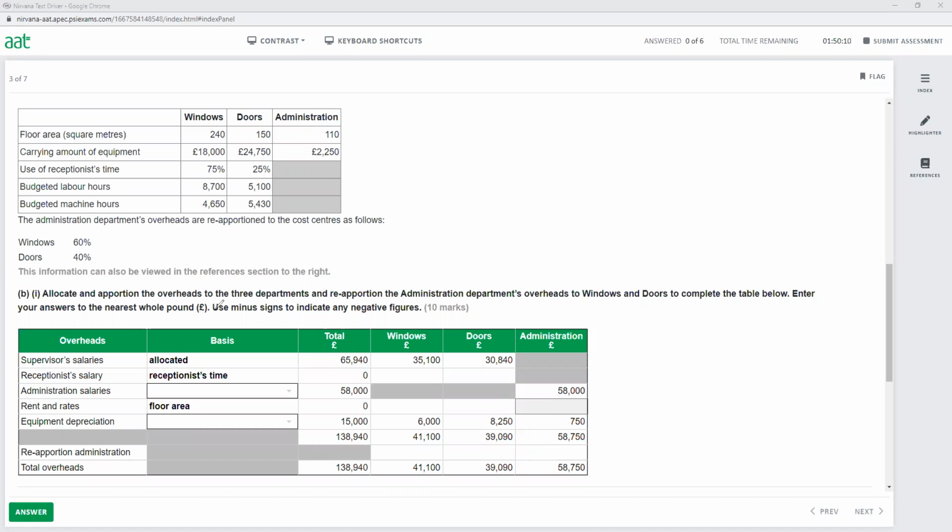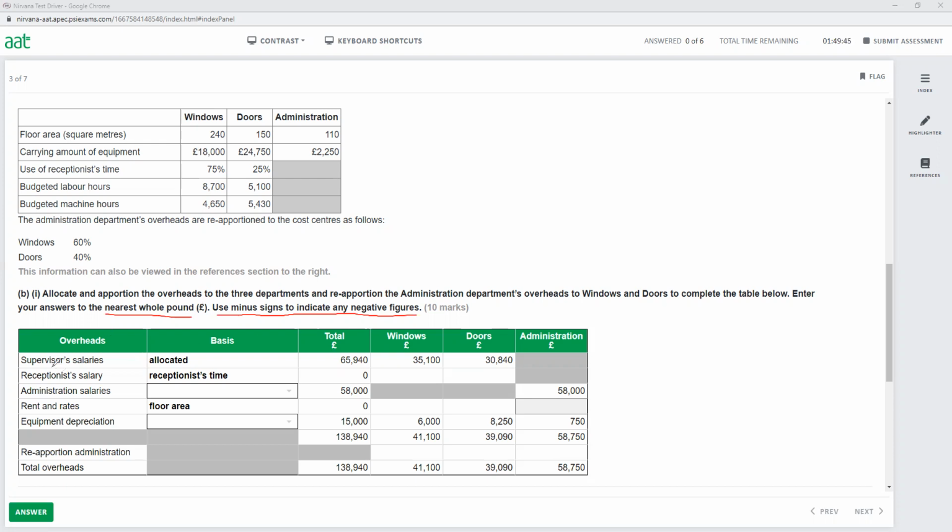So when you do an apportionment question or any budgeting question, you have to be very careful with your calculation. The first thing you have to remember: if there is a negative figure, use the minus sign to indicate it. And you have to make it the nearest whole pound, so you're not going to put the pence. So make sure you read the question very carefully.